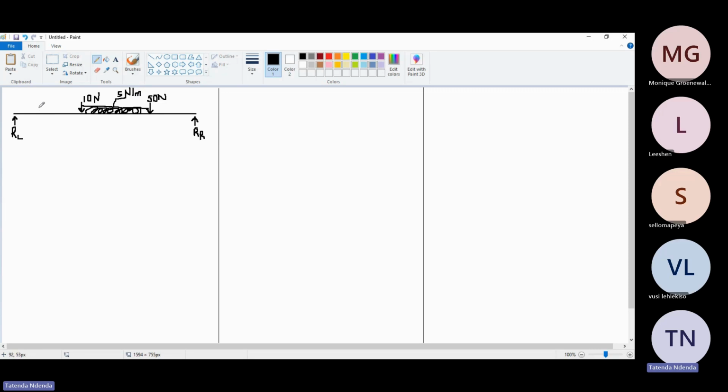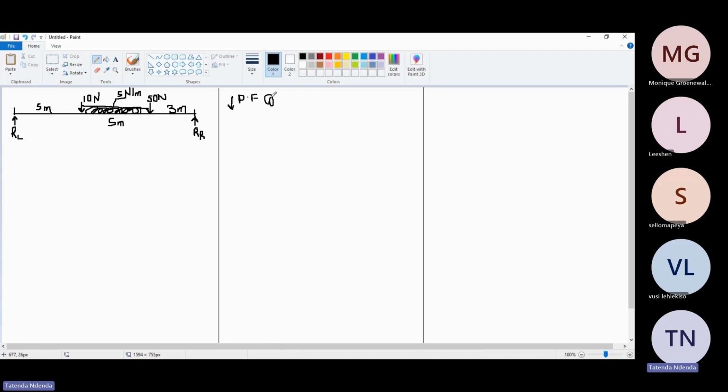So this is going to be 5 meters. This is going to be another 5 meters. And this is going to be 3 meters. Okay. So here they'll ask you to calculate the reactions at the supports as well. So we are saying, guys, whenever you're having a straight force like this, we are calling it what? A direct force.